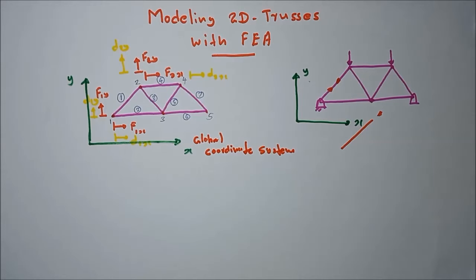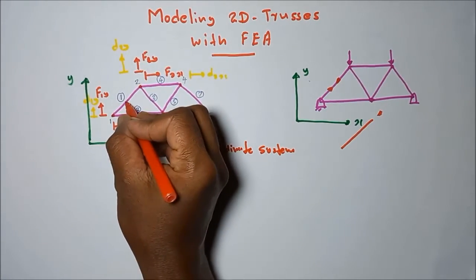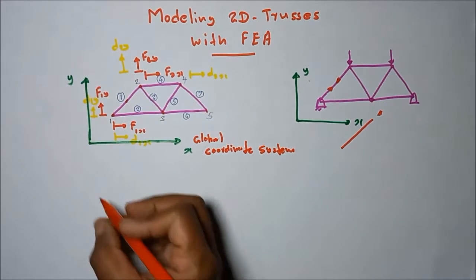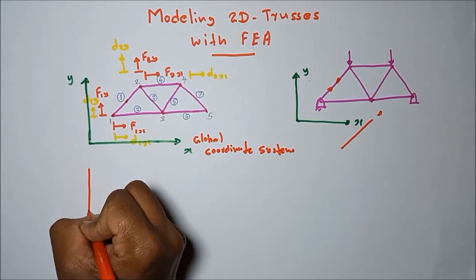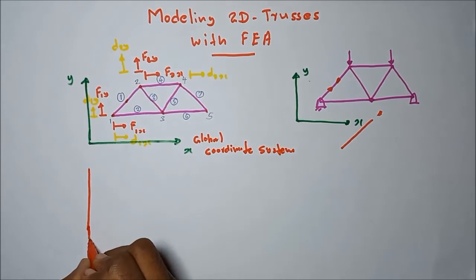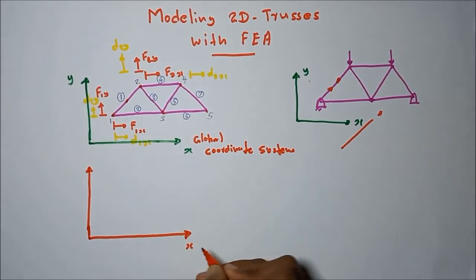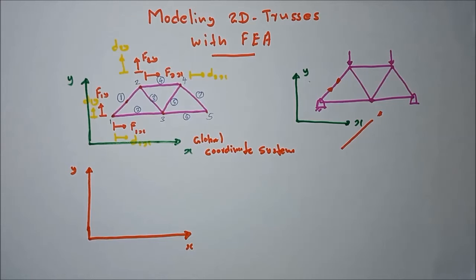When obtaining the element equation for each and every element, we assign local coordinates according to the orientation of each bar element. This one is called the global coordinate system. Let me assign the local coordinate system according to element 1. Here is the global coordinate system, x and y. Let me draw the element.